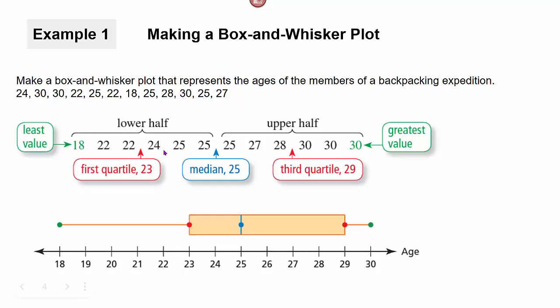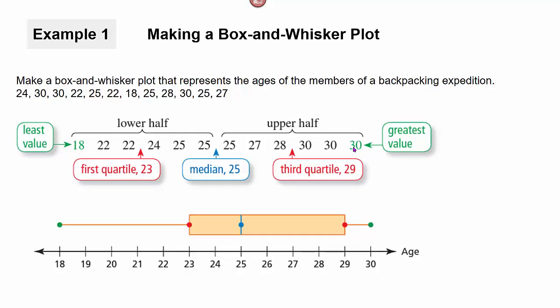Now I look at the lower half of the median and I want to find the median of that. So 1, 2, 1, 2, and right here in the smack dab middle would be the average of the 22 and 24. The lower half is 1, 2, 3, 4, 5, 6. Top half 1, 2, 3, 4, 5, 6. Why are you doing that, Miss Baker?